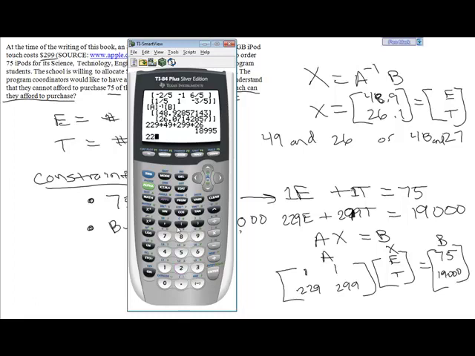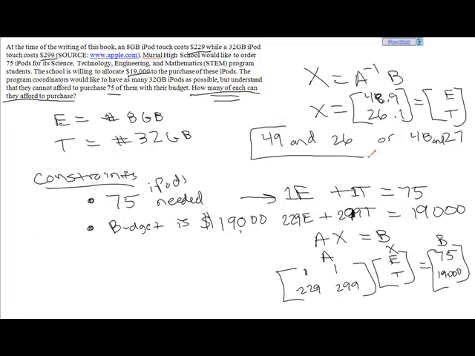If I do 229 times 48 plus 299 times 27, now I'm over budget. I'm $65 over budget. So to meet my budget constraint, I have to go with this route. That one is not going to work for me.